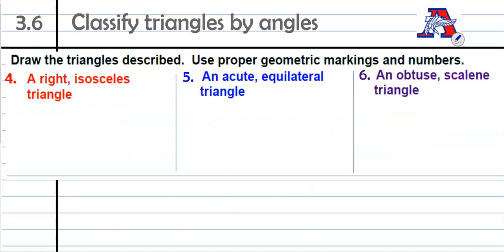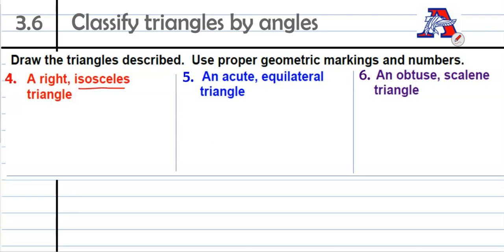And then last example, this one will take a little bit of time to write down, but what we're going to do is draw the triangles that are described, and we're going to use proper geometric markings and numbers where appropriate. So example 4 says to draw a right isosceles triangle. A right triangle means it has a 90-degree angle.